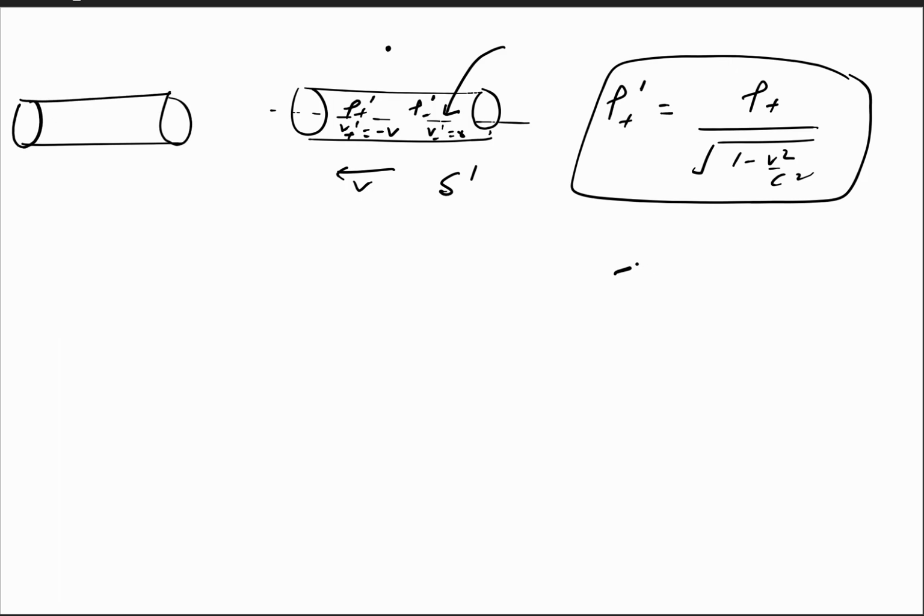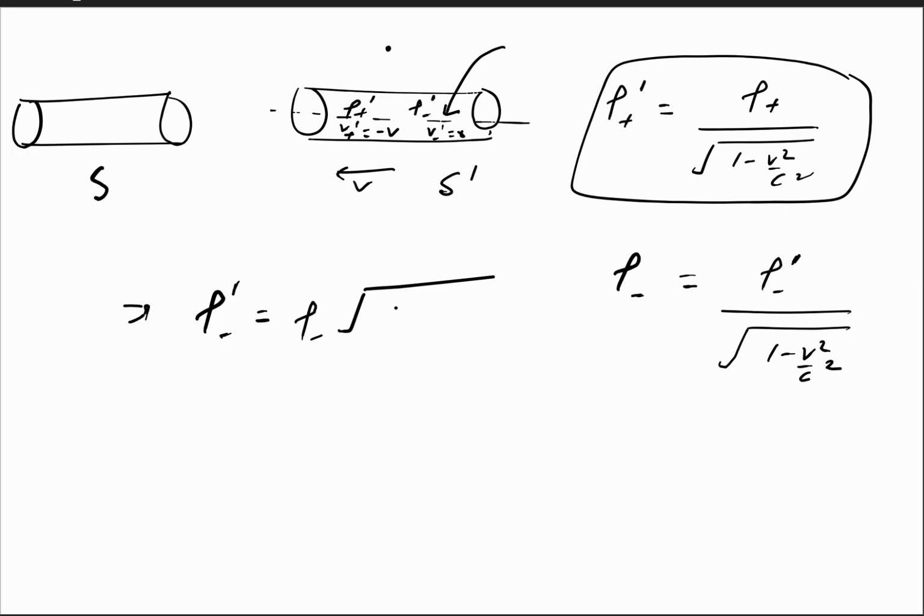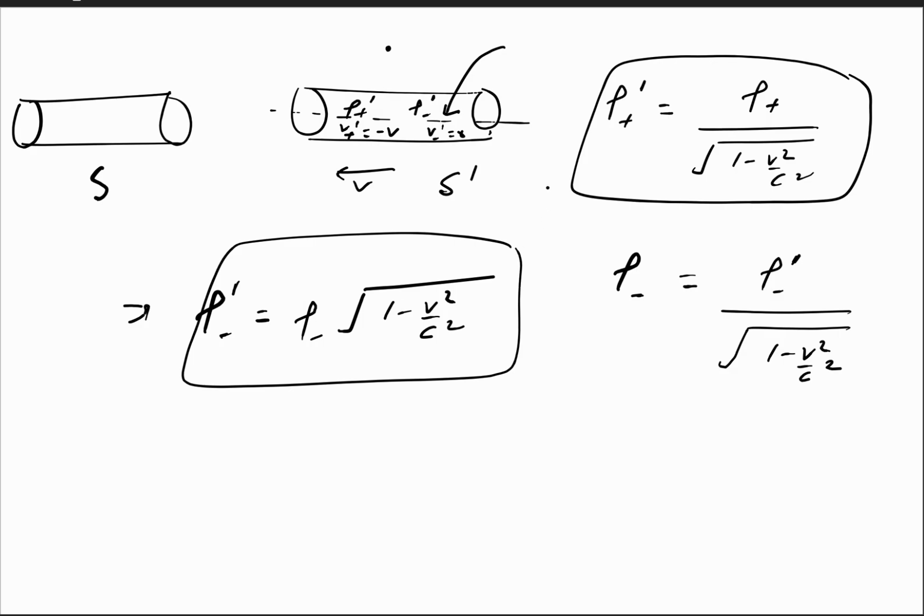So the negative charge density in frame S should be equal to the charge density in the frame where it is stationary divided by the square root of 1 minus v square over c square, which implies rho minus dash is equal to rho minus times the square root of 1 minus v square by c square. So we have found the value of the positive charge density and the negative charge density in this moving frame.